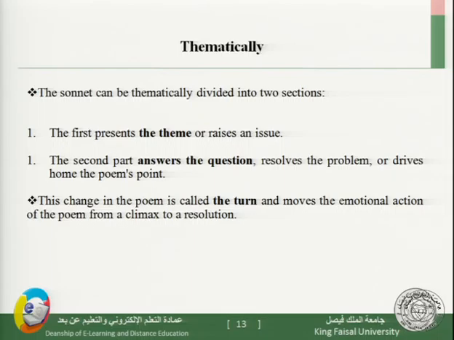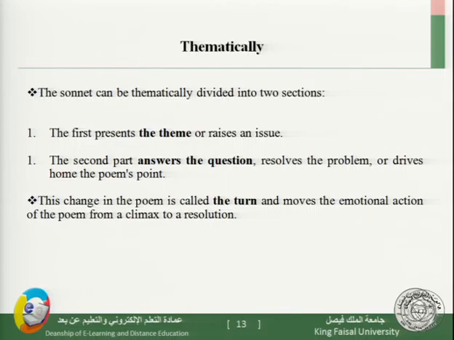The sonnet can be divided into two sections, thematically and in terms of form. Thematically, there are two parts. The first part presents the theme, raises an issue, or asks a question.